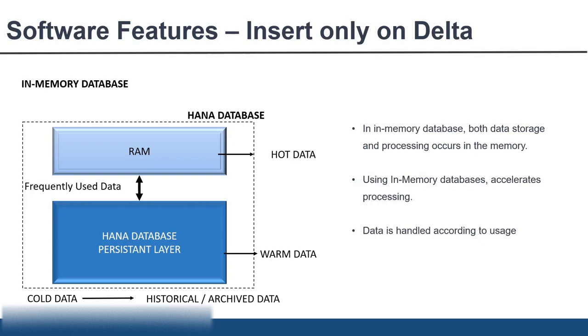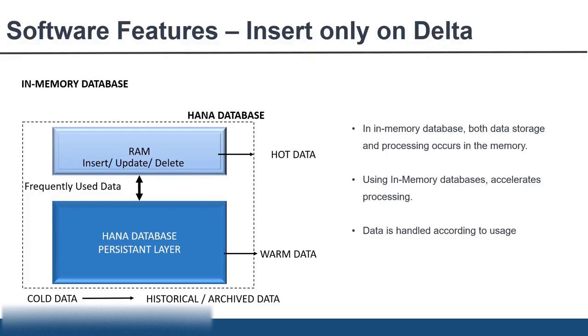Up to this point this is fine. However, suppose a user has started working on a particular sales order, and that sales order data is treated as frequently used data or hot data, and this hot data has been loaded into RAM, and now the user has started changing the hot data.